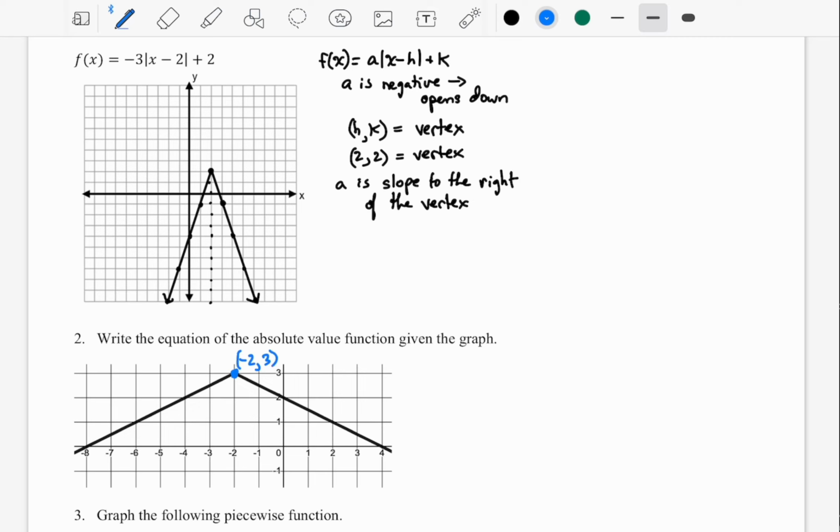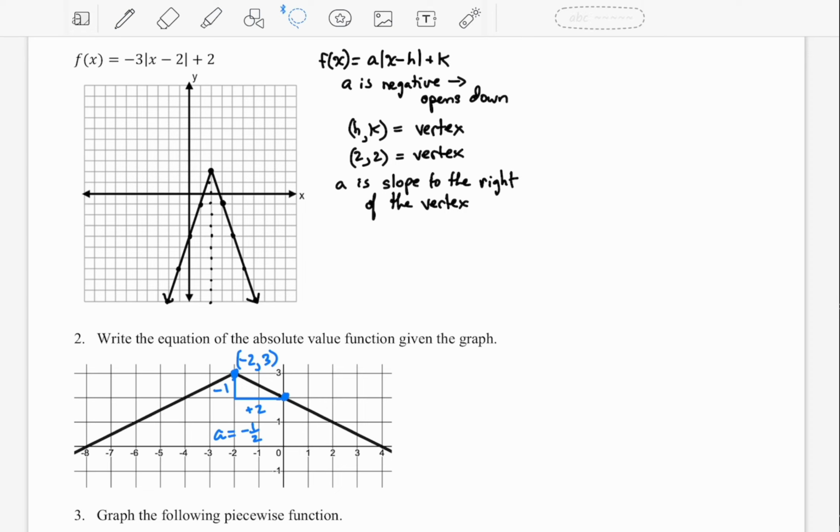So I'm going to pick 2 clean consecutive points, ideally starting with the vertex going to the right, but it really can be any 2 consecutive points going to the right. These 2 are pretty reasonable. So I'm looking at a slope that's down 1, right 2. So my A value is going to be negative 1/2.